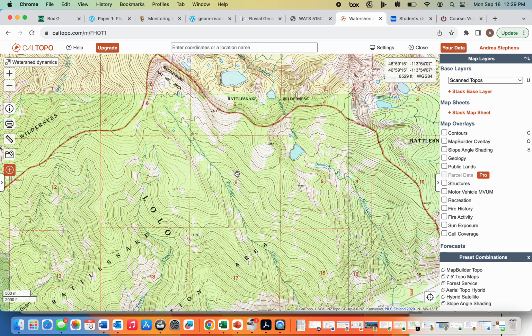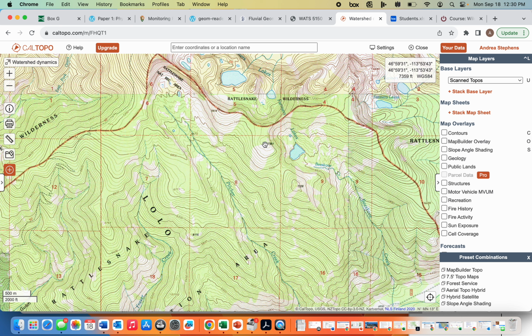The other term that's important is called aspect. Aspect is essentially the compass direction that any given hillside or topographic feature is pointing. So if I'm standing here, and this is a little knob, a knoll, or a peak, and I point my toes downhill, in the direction that water is going to flow as it rolls down the hillside, I'm pointing my toes at a 90-degree angle to these contour lines, which means I'm pointing directly down the hill.